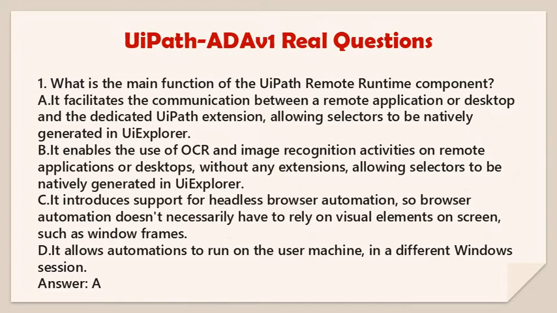C. It introduces support for headless browser automation, so browser automation doesn't necessarily have to rely on visual elements on screen, such as window frames. D. It allows automations to run on the user machine, in a different Windows session. Answer: A.